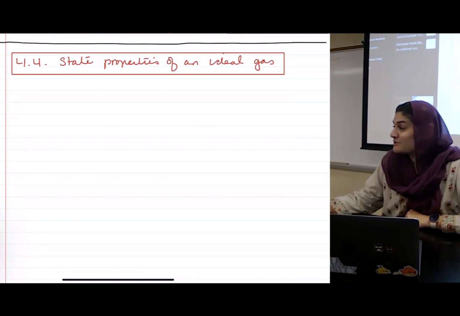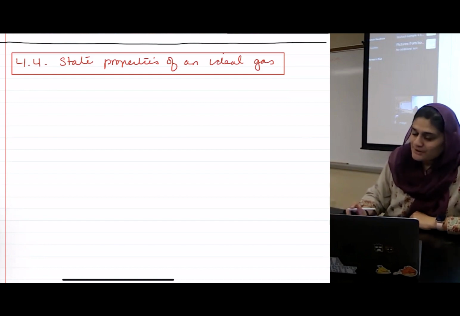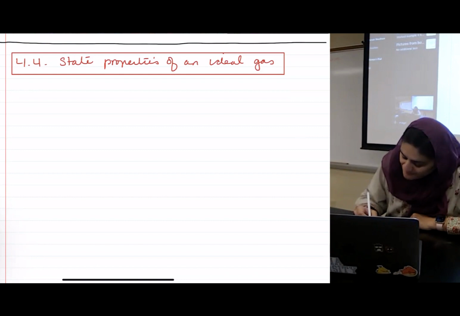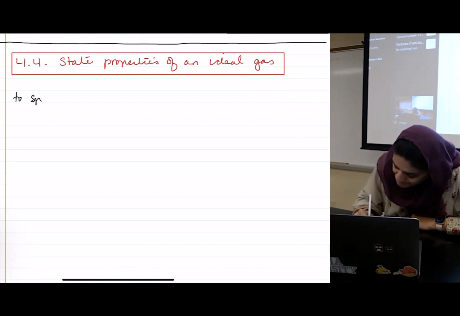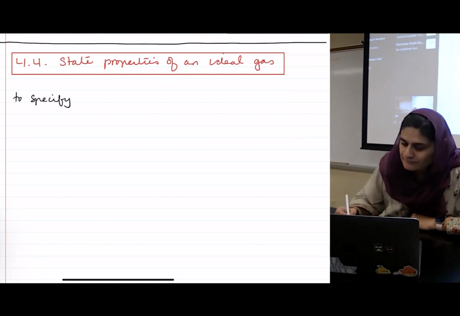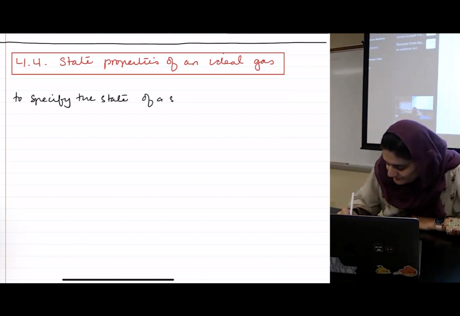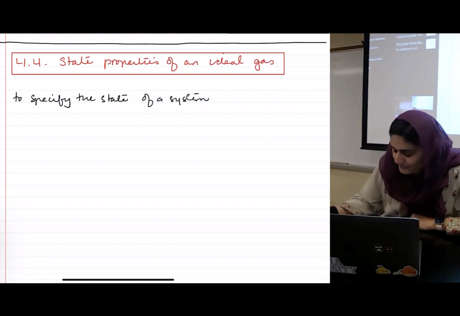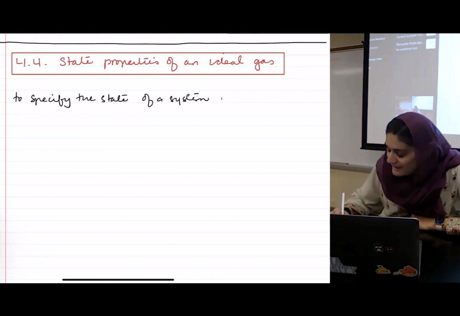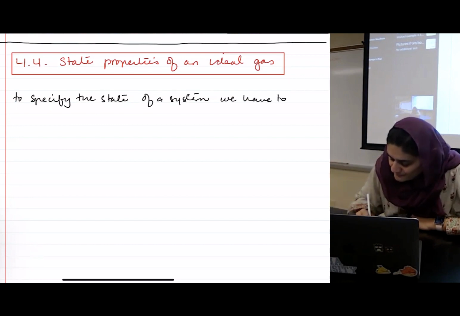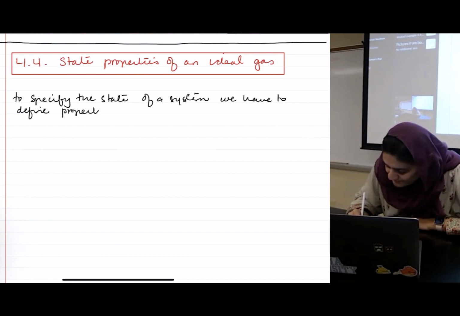Pressure, volume, and temperature, right? Good. So that means in order to specify the state of a system, we have to define properties.